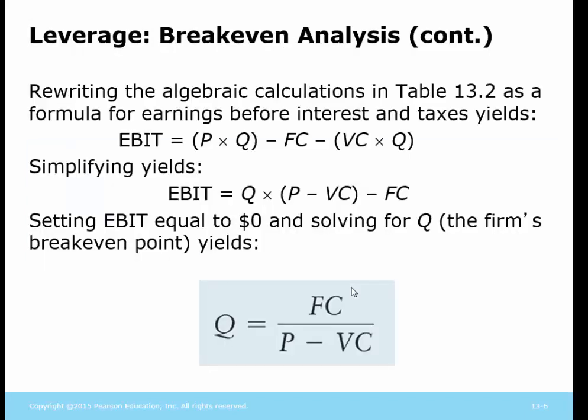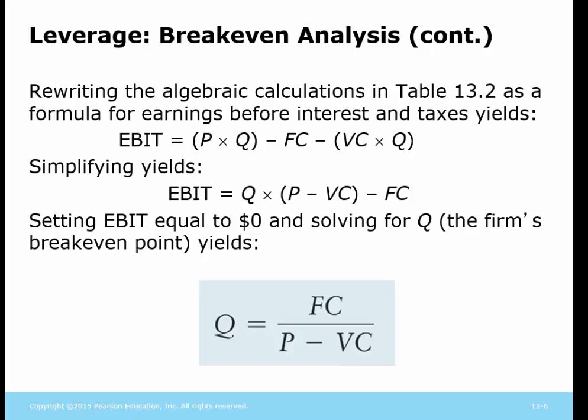So what we want to do is we want to rewrite that formula, solve for some things a little bit, and essentially we want to find a place where EBIT equals 0. So if you make EBIT equals 0 and then ultimately solve for Q, we have a formula that's the fixed cost of the company divided by P minus the variable cost.